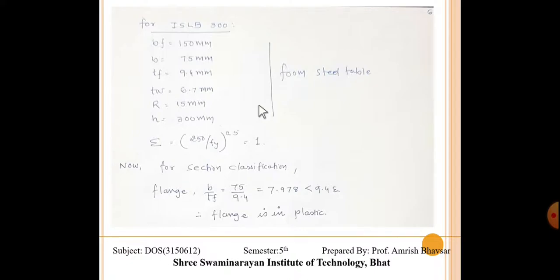Now epsilon, which is given on page number 18 of IS 800 2007, is 1. For section classification, we have to classify our section for flange and for web differently. So here b upon tf is 7.978, which is less than 9.4. So our flange is plastic.